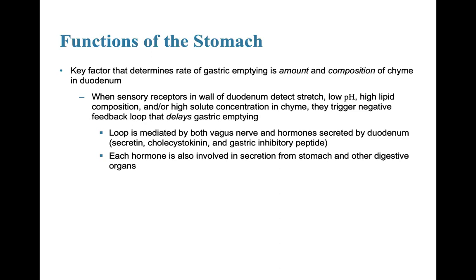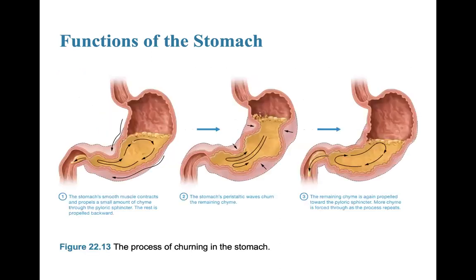The loop is then mediated by both the vagus nerve and the hormones secreted by the duodenum. This includes secretin, CCK, and gastric inhibitory peptide. Each hormone is also involved in secretion from the stomach and other digestive organs. And here you can see the various stages of gastric emptying.